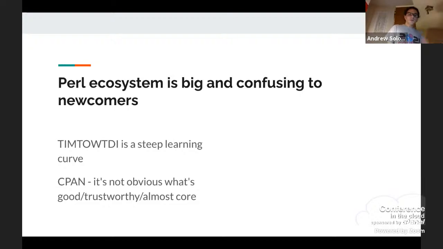The other thing is that CPAN is, I think, one of our greatest assets, but it's difficult to understand when you look at the modules in CPAN, even if they look like they serve the purpose that you're in need of. It's not clear which ones you can trust and which ones are suitable for beginners and that kind of stuff.